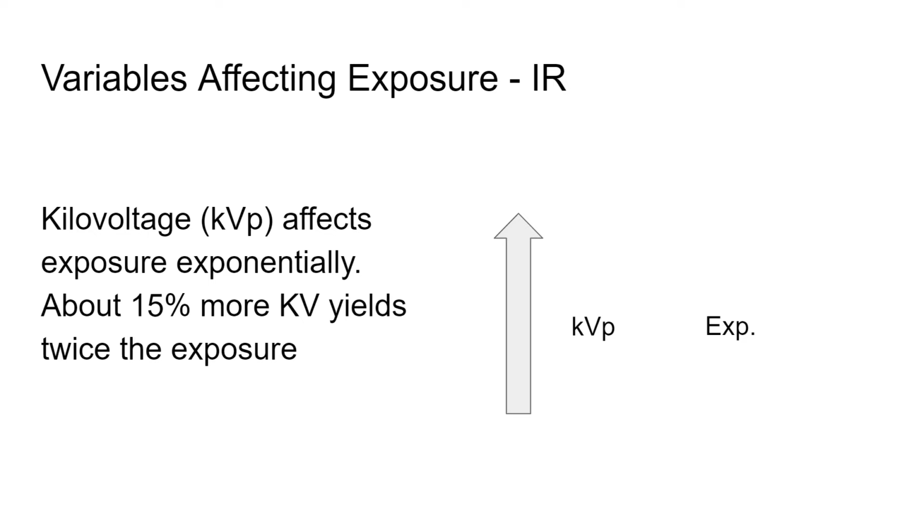Directly proportional. kV is proportional, but not directly proportional. It's exponential. You can go up in kV about 15%, which is not doubling it, and the exposure will approximately double. So a little bit of kV goes a long way, thus the big arrow versus the other ones. So far, so good?